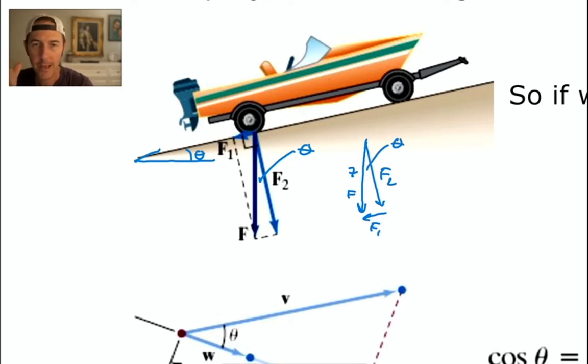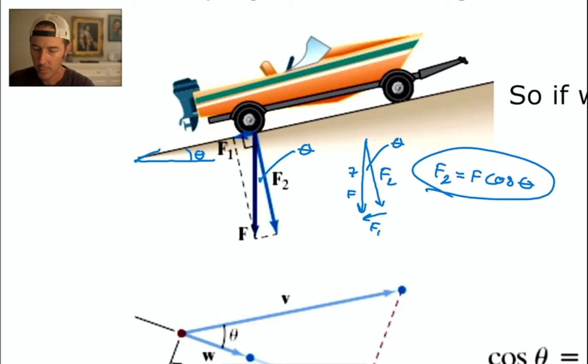If we know that F is equal to 7 in the straight down direction, then F2 is equal to F, which is the hypotenuse, times the cosine of theta, because the cosine of theta is equal to adjacent over hypotenuse, which is F2 over F. And so if you solve for F2 by multiplying both sides of the equation by F, you get this equation, F2 equals F cosine theta.